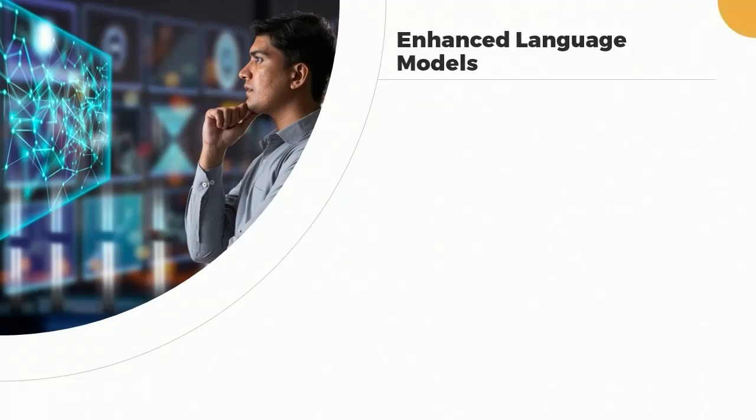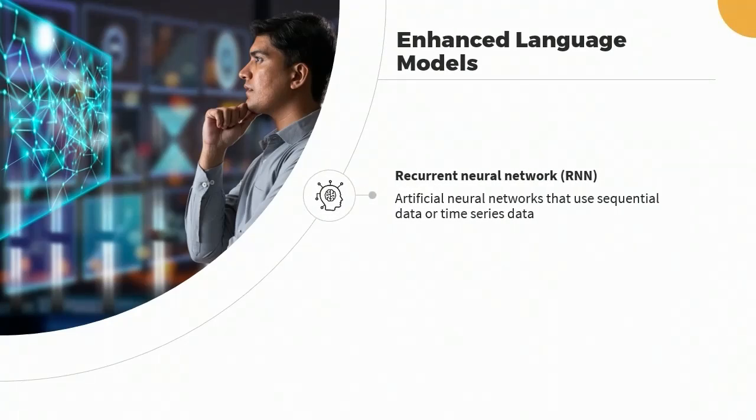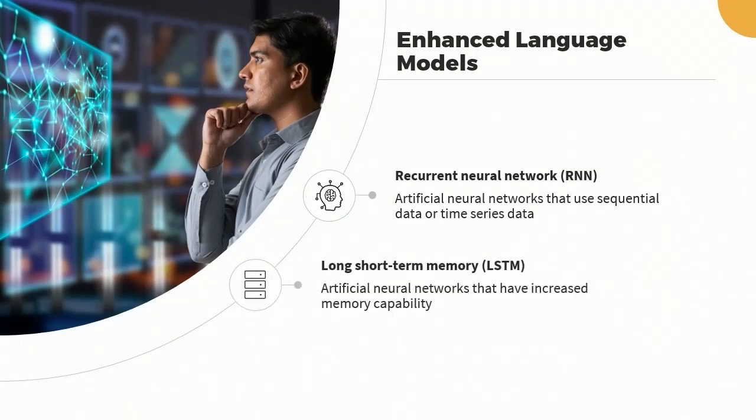In turn, this led to the development of enhanced language models, such as recurrent neural networks, or RNNs, and long short-term memory, or LSTM. RNNs are artificial neural networks that use sequential data or time series data. Their ability to remember previous inputs allows them to learn over time and recognize patterns.